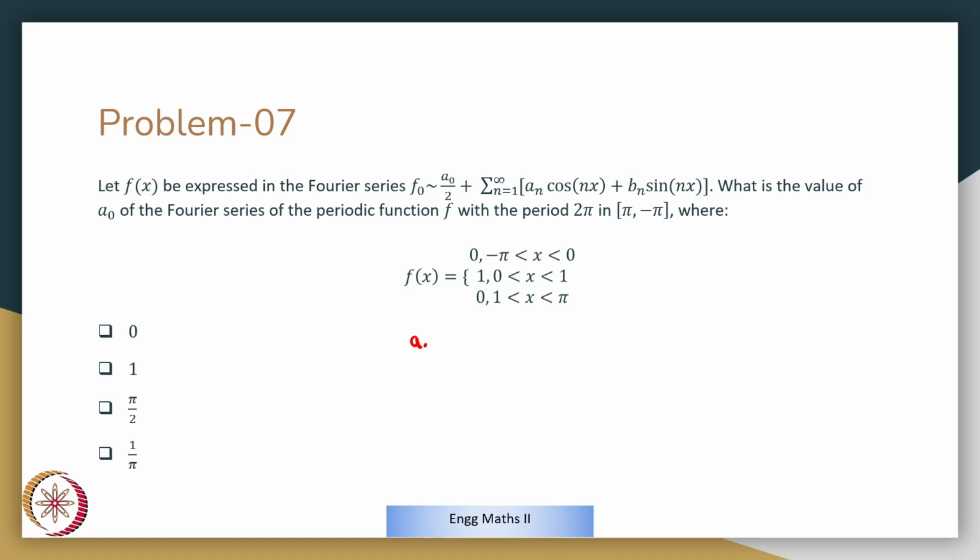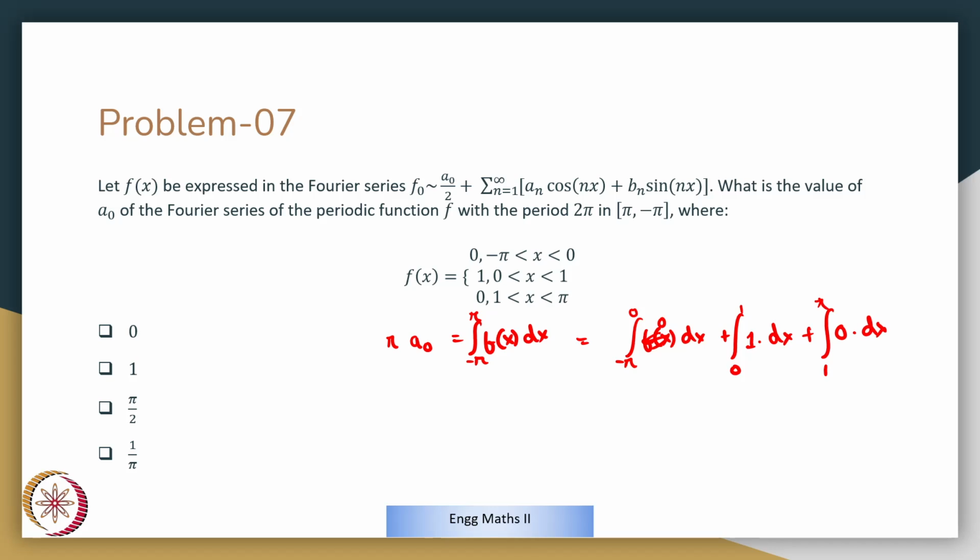So pi times a naught is integral of f of x dx from minus pi to pi, which is, so minus pi to 0 is just 0, 0 to 1 is 1, and 1 to pi is again 0. So 1 times dx is x with limit 0 to 1, which is nothing but 1, which simply gives us a naught to be equal to 1 by pi. So option number D.